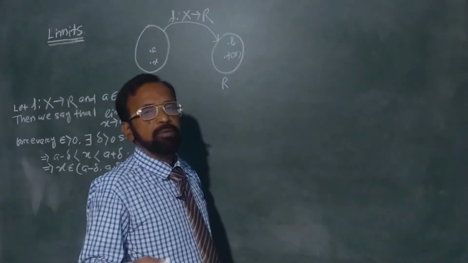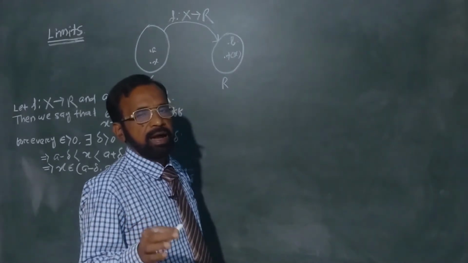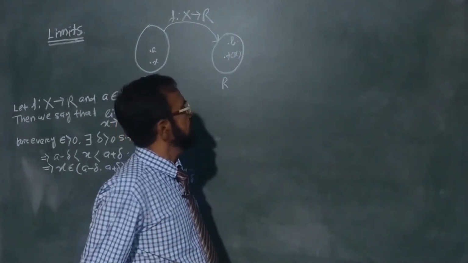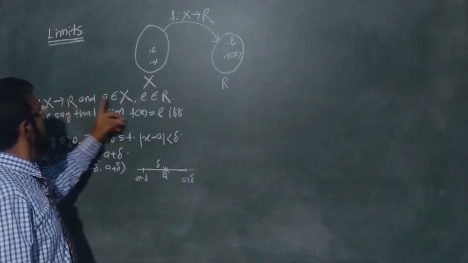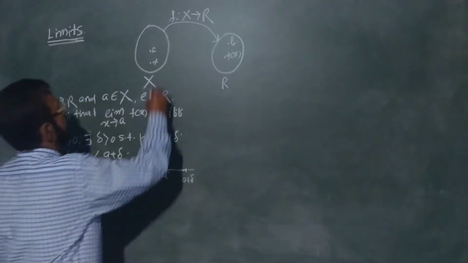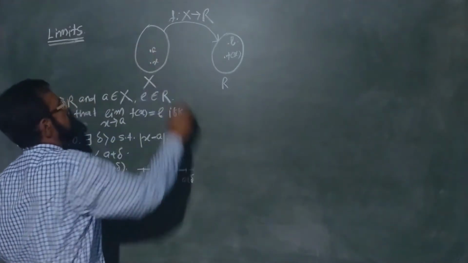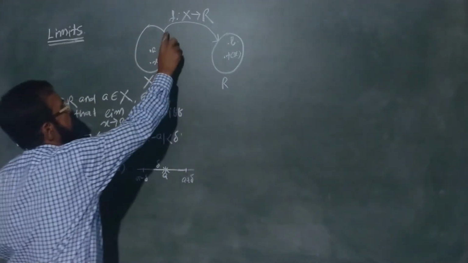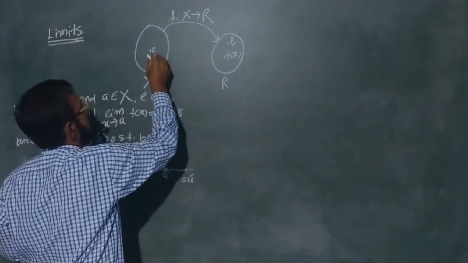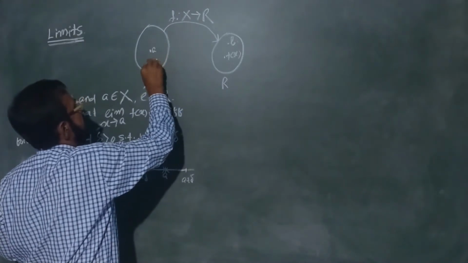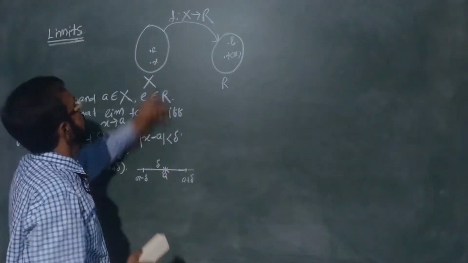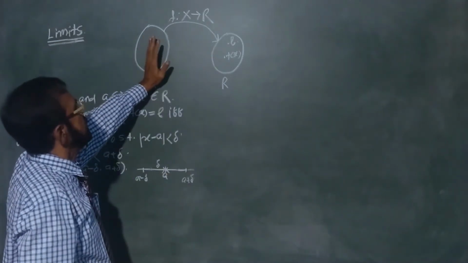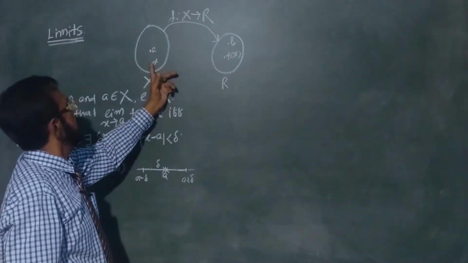What is the limit of a function at a given point? Let f be a function from X to R and a is a fixed point, x is a variable point. Since f is a function, every point must have an image. For x, what is the image?